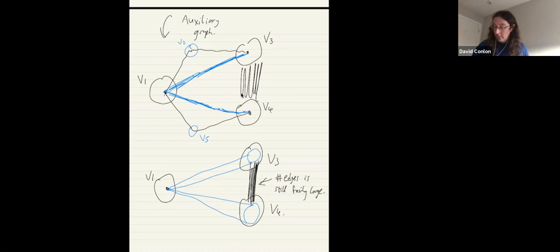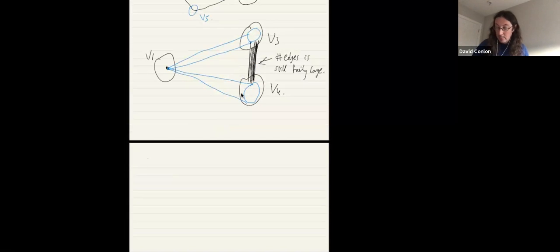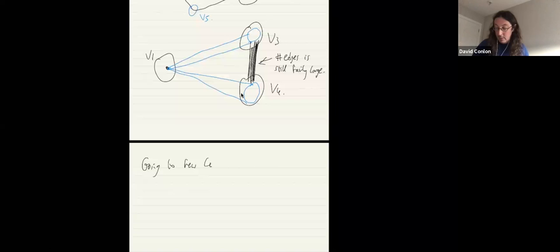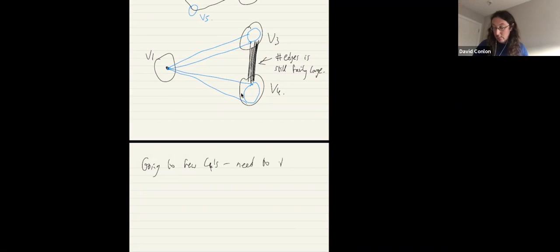But when you go to few C4s, you need to do various cutoff operations. By doing those cutoff operations, you end up with a lower bound, not an upper bound. But you still get that the lower bound is asymptotic to what it would be within a random graph.